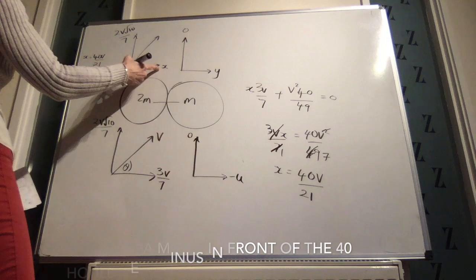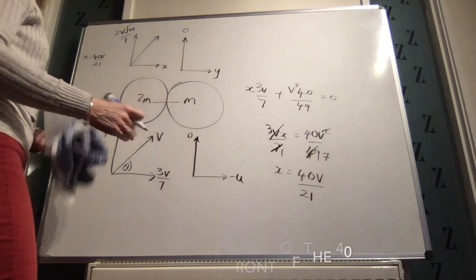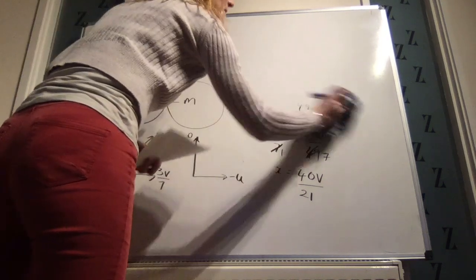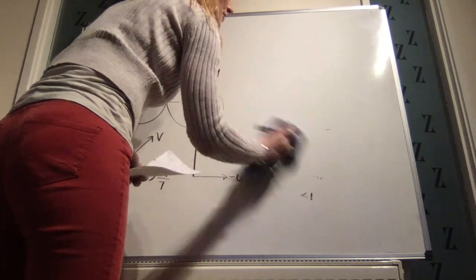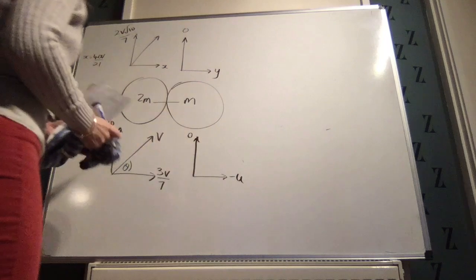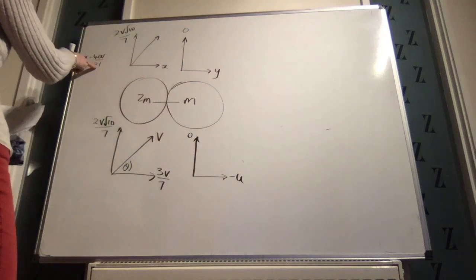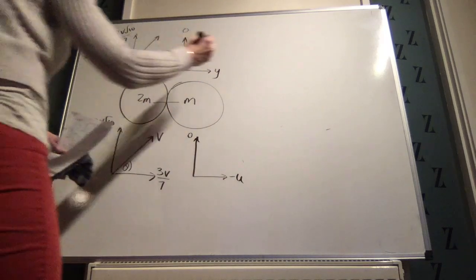Now I could just put that straight in here, or I could just do my normal principle of conservation of momentum, Newton's experimental law, figure out a relationship between x and v, and then use this information as well. So I think I'll do the normal.